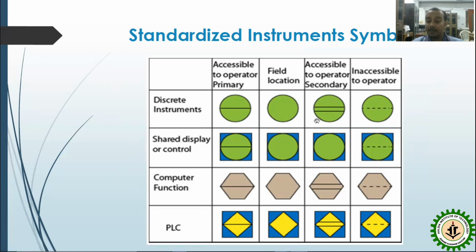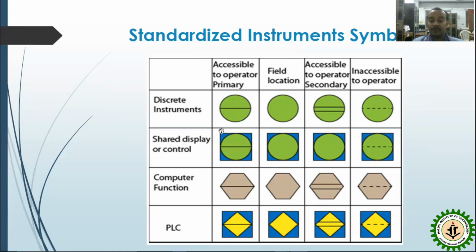If it is operated by the secondary master or secondary operator also, then two lines need to be drawn at the circle. And if it is inaccessible to the operator, that means it is accessible only to the engineering station, then it will be dotted in the middle. In this way, you will get the information that this is the shared display or control. So for the control unit, if it is associated with the display, then all the above symbols will be there.